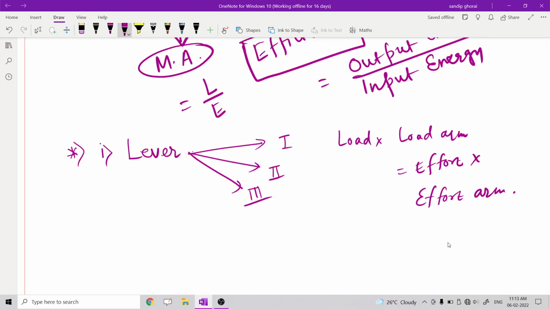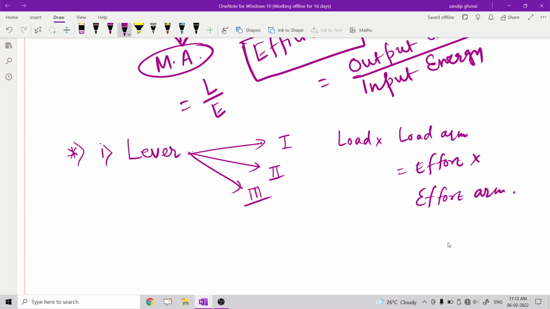Simply, load is what is applied to a body, and to do this work, any force you apply is the effort. Load arm means the distance between the load point and the fulcrum, and effort arm is the distance between the applied effort and the fulcrum.